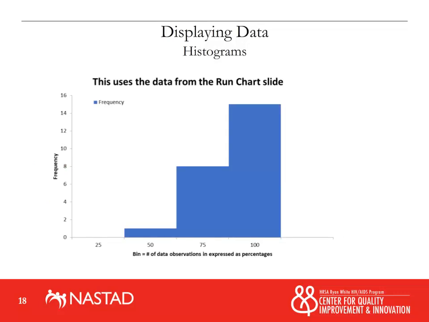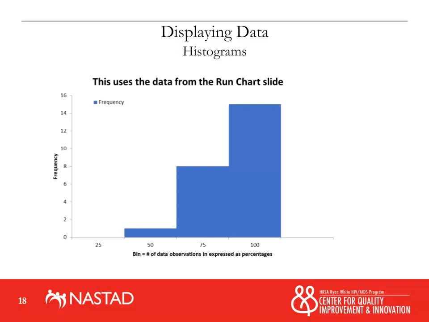This is what a histogram looks like visually. I've taken the data from the run chart, grouped it into bins. So if you look at the biggest bin on the right side, it says 100 underneath it. Really what that means is 76 to 100. So any data value that fell between 76 and 100 goes in that bin, and that's the frequency.